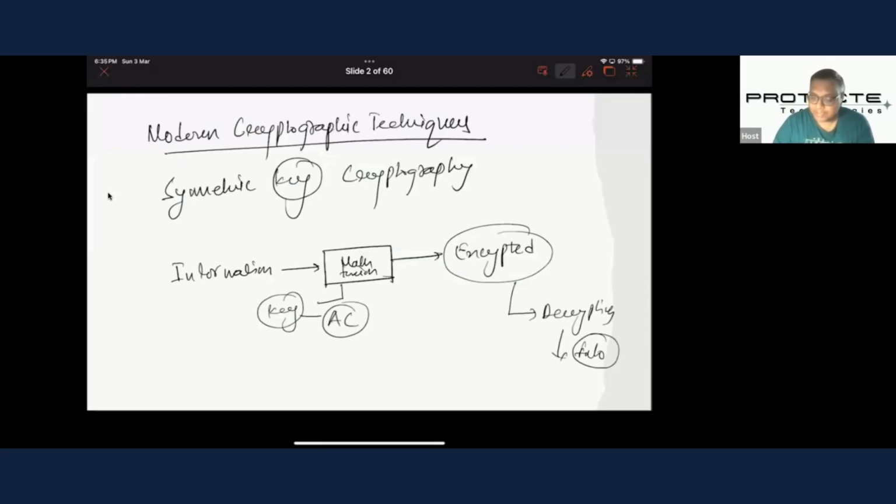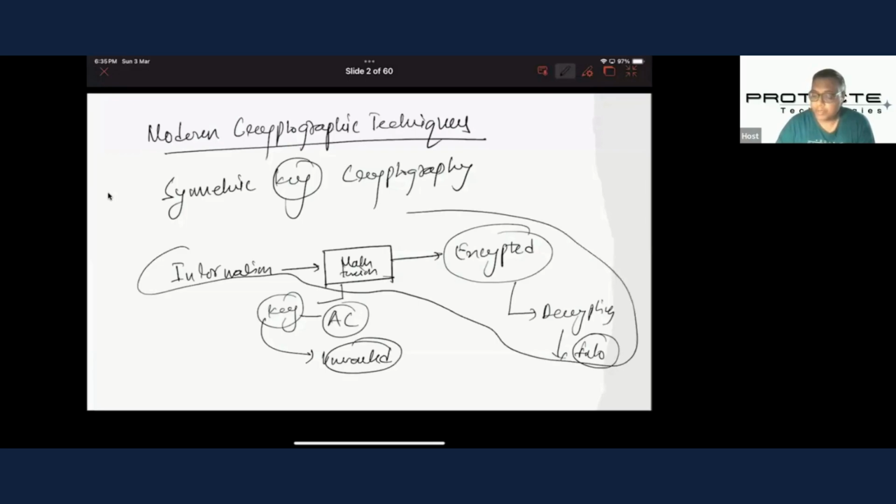Now, if this key gets into the hand of an unwanted person, your information gets leaked. That means the entire encryption process is no more reliable if you lose the key. If you have encrypted information using a certain key and you lose this key, you can take it for granted that information is no more classified or confidential. Why?